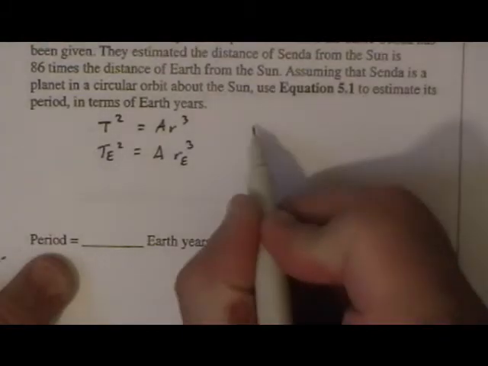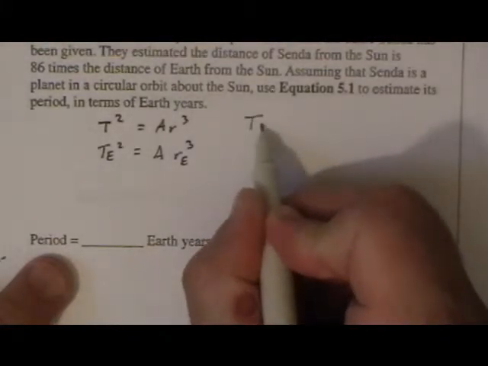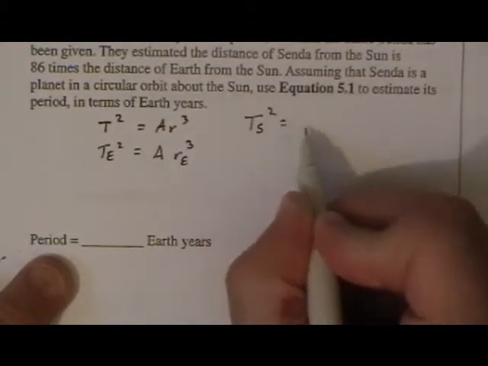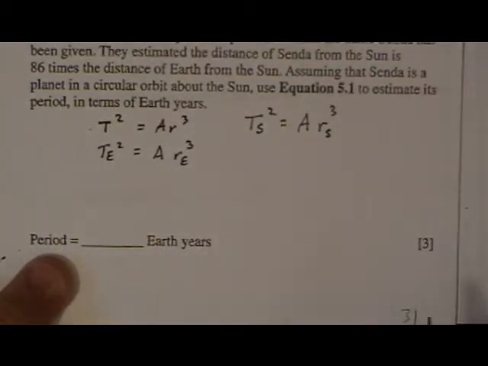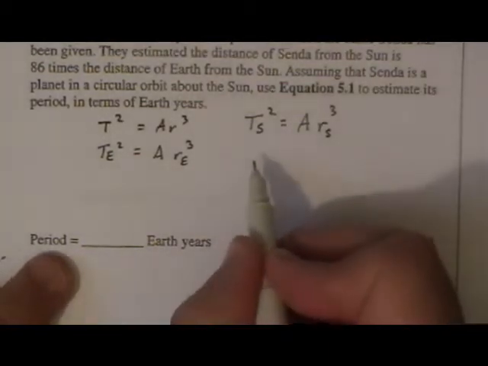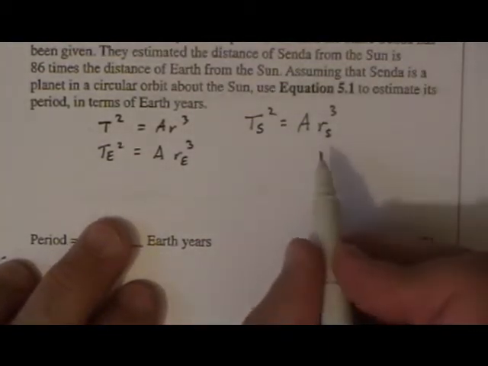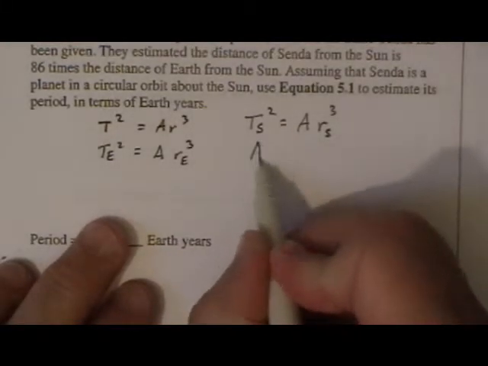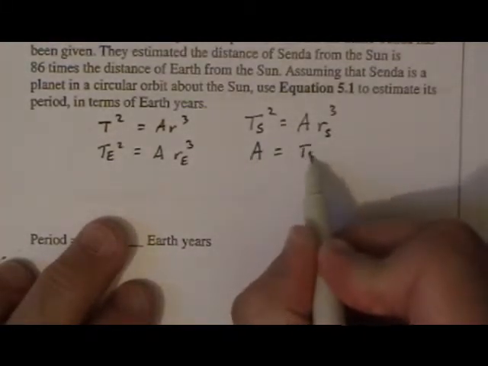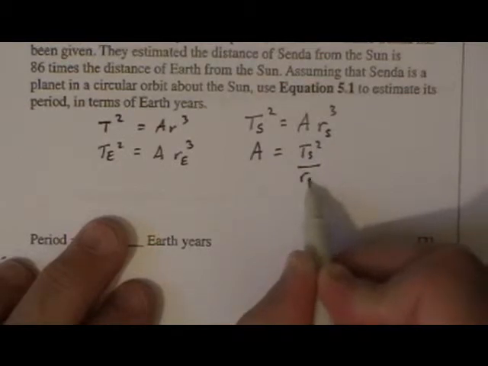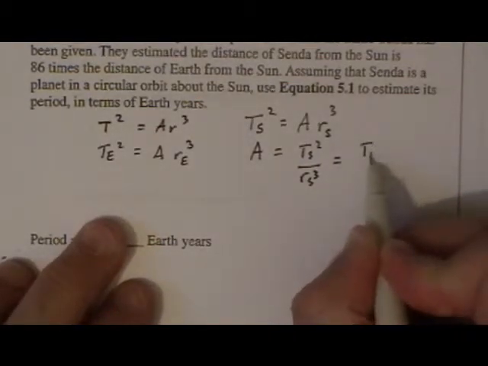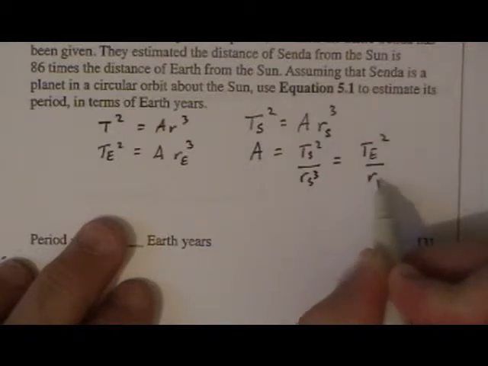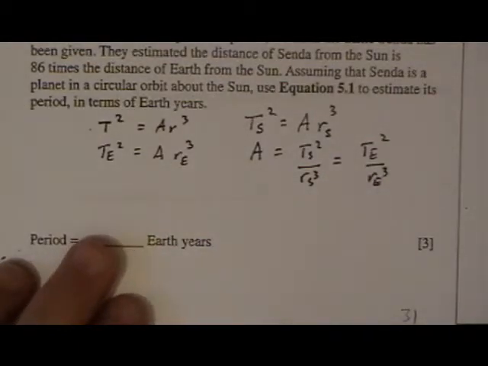And for Zenda, t for Zenda squared is equal to a times the radius of Zenda's orbit cubed. So I can rearrange that and say a is equal to t Zenda squared over r Zenda cubed, which is also equal to t Earth squared over the radius of the Earth cubed.